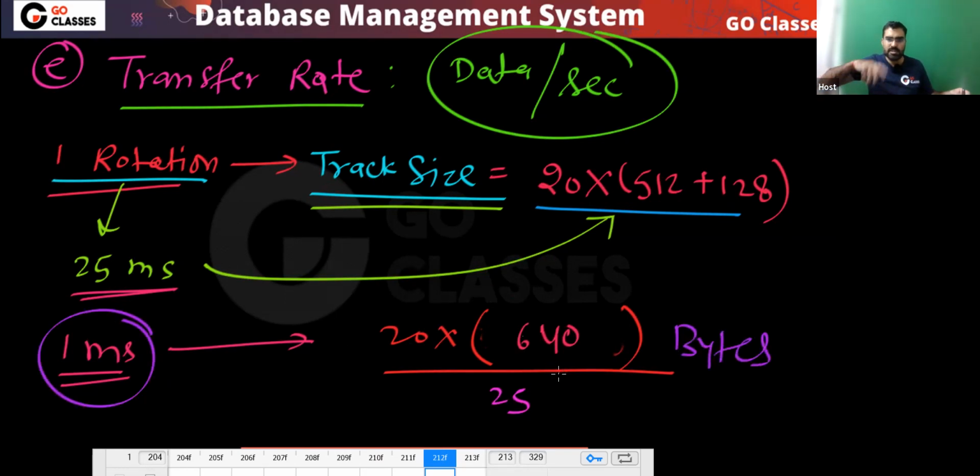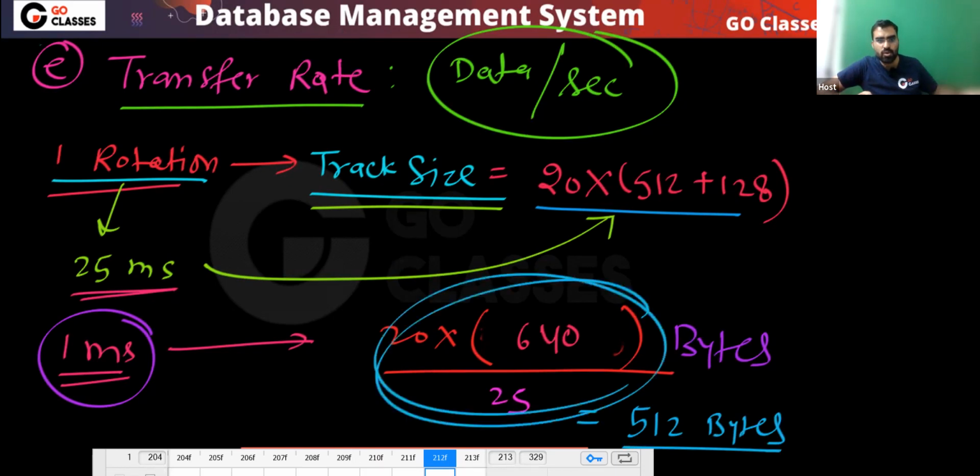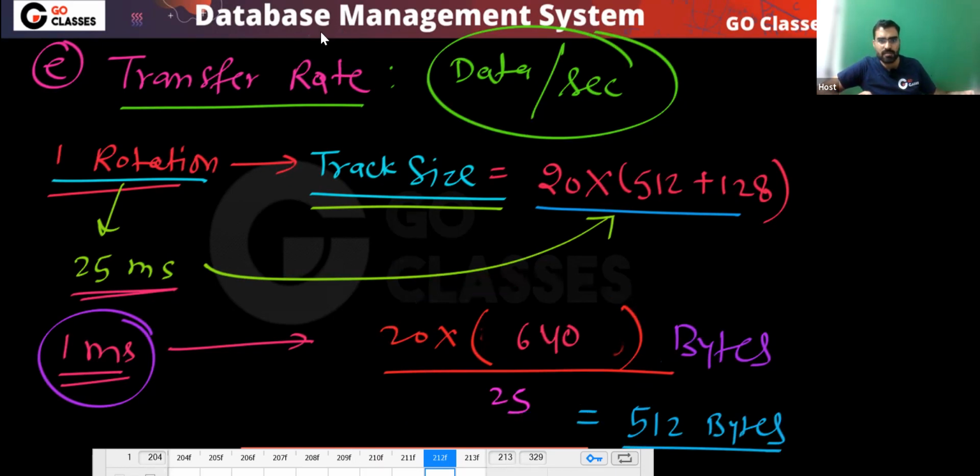Can you calculate what this value is? How many bytes can you transfer in 1 millisecond? Take your calculator and tell me. Let me know the calculation.